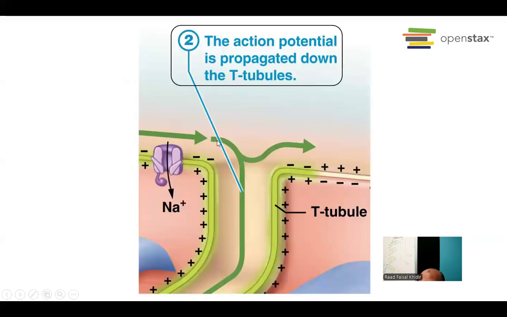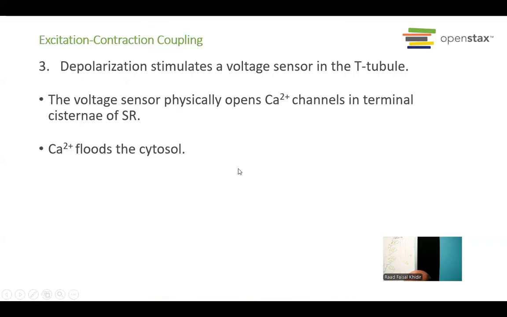So you see, now the action potential is going down. You see what I was asking earlier? What does the action potential propagate down? T-tubule stands for what? Transverse tubules. Then the action potential is going to pass through.